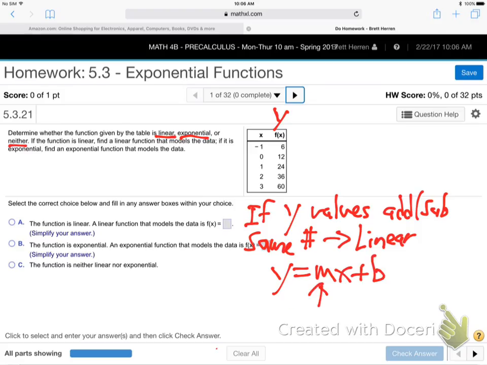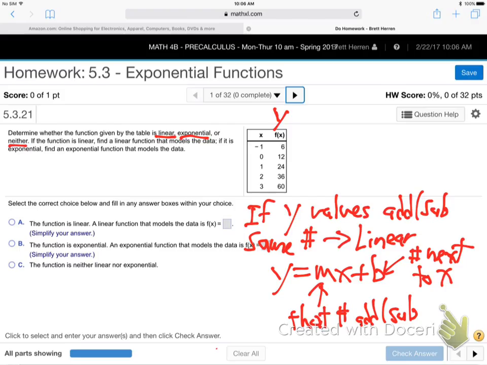The m is that number that they add, subtract every time. And the b is the number next to x is 0. That's one rule. This is case number 1, the linear case.